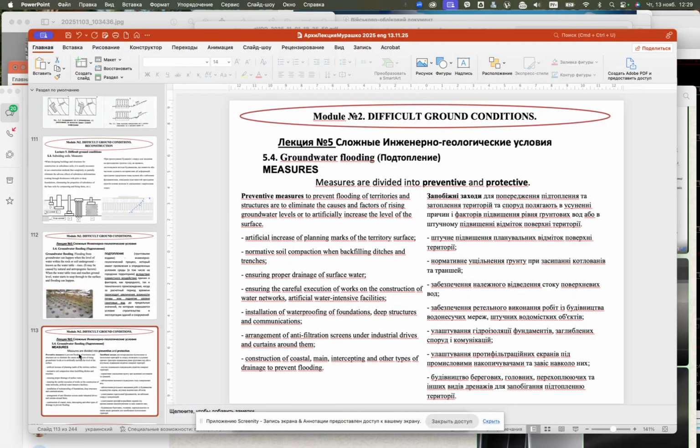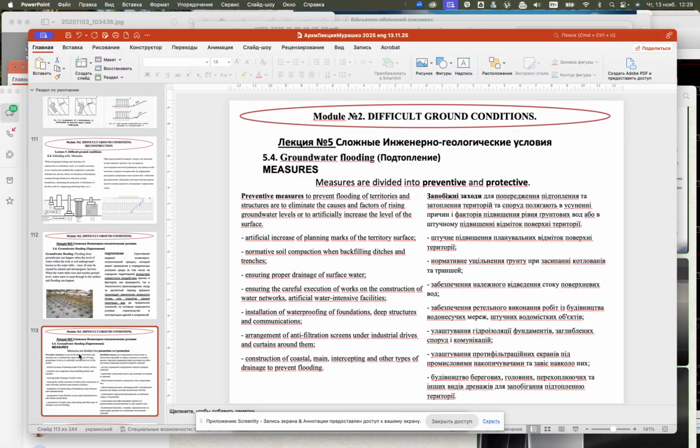You will be able to protect your building from the rain waters when you collect and drain the water underground. So next, it's careful execution of works during the construction and to protect the water networks and artificial water intensive facilities.